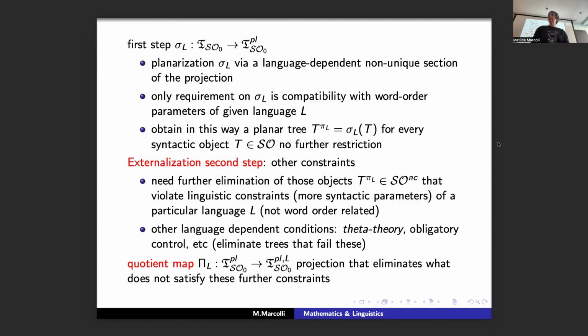But this still allows for a lot of additional freedom that gets filtered out again. So there is language dependence in the choice of lift also. Yeah, that's right. Because a particular language will have a preferential word order, so you try to planarize in a way that doesn't violate the word order structure of that particular language.